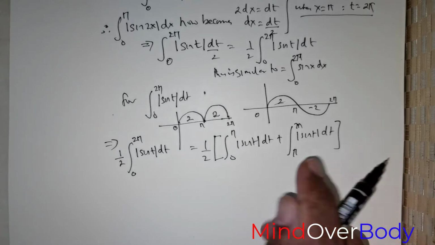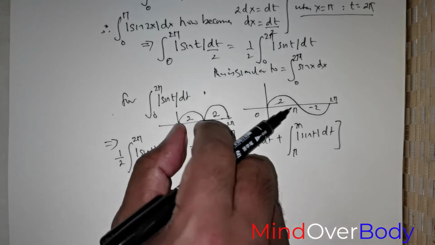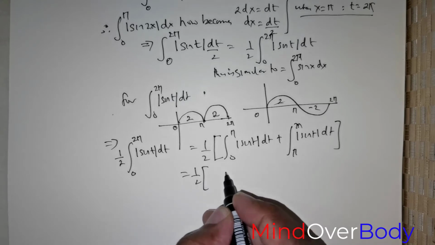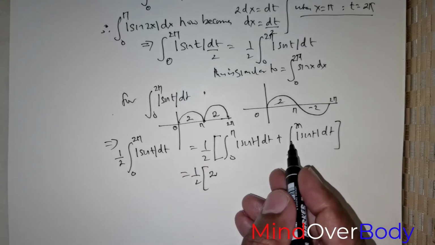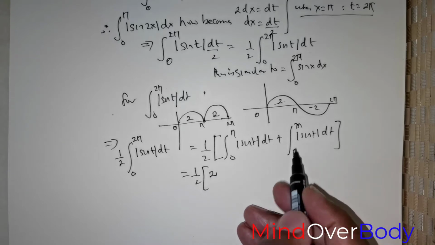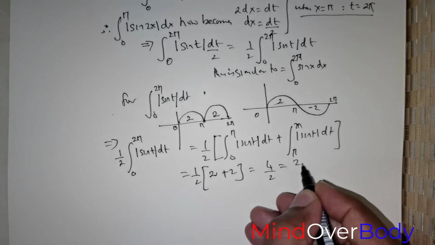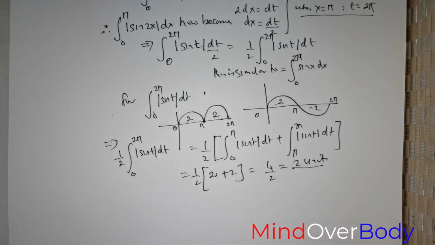I am not using the technique of integration to obtain the value. I am using the graphical method. So this is equal to 1 over 2 times, integral 0 to pi is 2 units, and integral pi to 2 pi is also equal to 2 units, which is 4 over 2, which is equal to 2 units. So this is the solution.